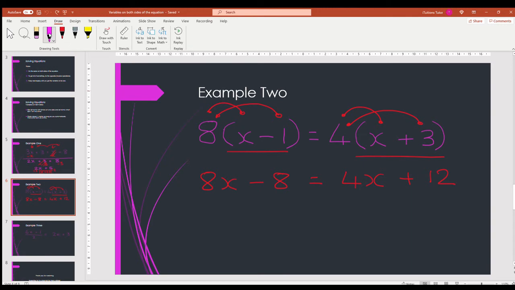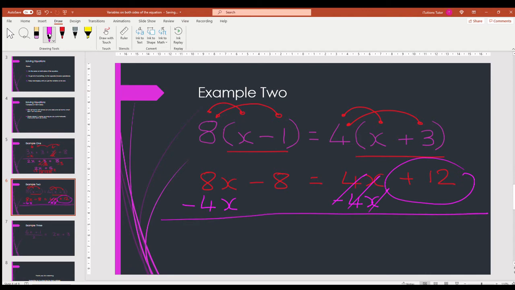And again, we need to get all the variables on one side and all numbers on the other side. So I'm going to start by taking away the 4x because it's smaller than the 8x, which would make it the easiest way to do it. As soon as I do this, I'm only left with 12 on this side. Do the same on the other side.